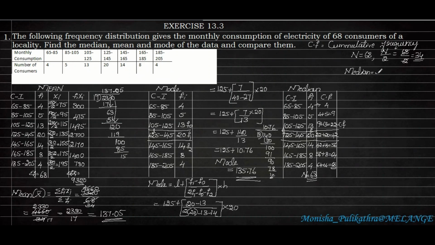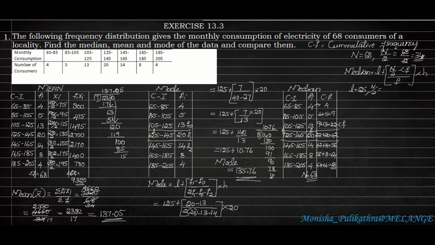Median is given by L plus (n by 2 minus CF) divided by F, into H. Okay. So first is lower limit. So what is lower limit here? Whatever row you have selected, n by 2 is equal to 34. 34 comes under 42. So we have selected this row here. In that row, the lower limit is 125. So 125 we have to write. Next is n by 2. So what is n by 2?